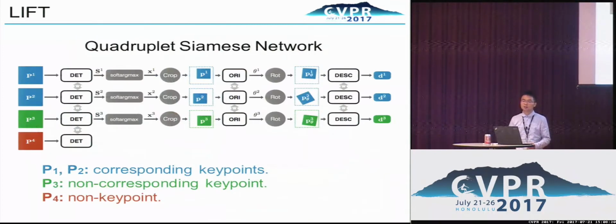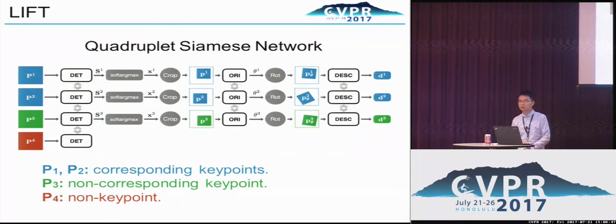Due to these reasons, LIFT proposed to use a quadruplet Siamese network for the network training. It takes 4 patches at once as input. Among them, 2 patches are from a pair of corresponding key points. One is from a non-corresponding key point, and the last one is a patch from a non-key point.